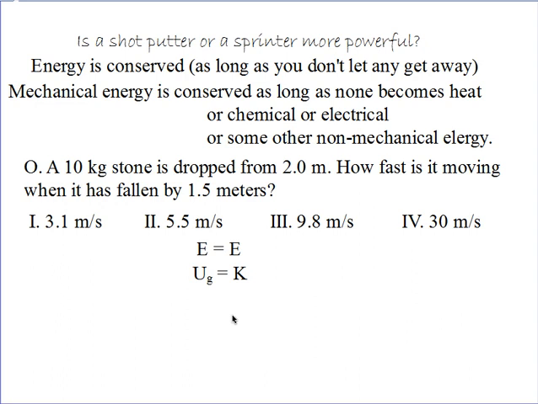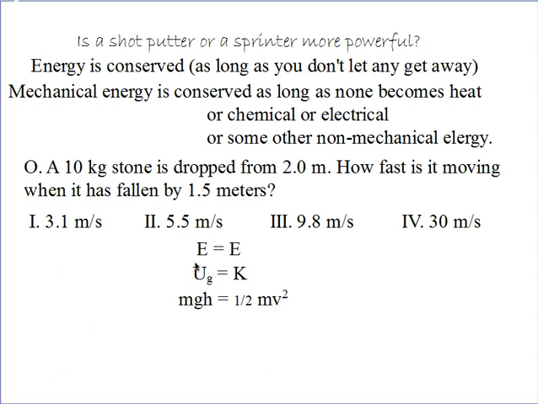And when it has fallen 1.5 meters, it would have both gravitational potential and kinetic energy, and that kinetic energy, of course, is going to be related to how fast. However, I'll pull in the formulas.